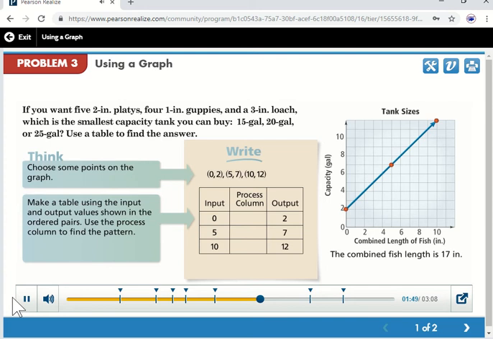Use the process column in the table to find the pattern. 0 plus 2 equals 2. 5 plus 2 equals 7. 10 plus 2 equals 12. So each output is 2 more than the corresponding input.